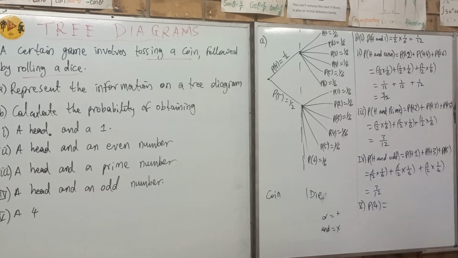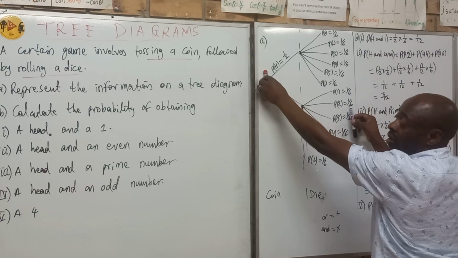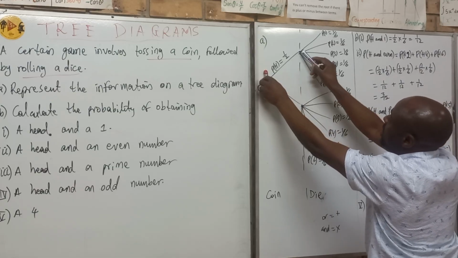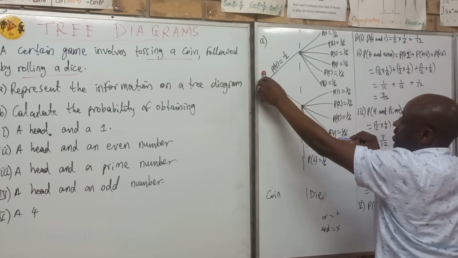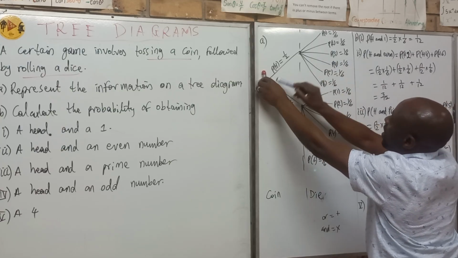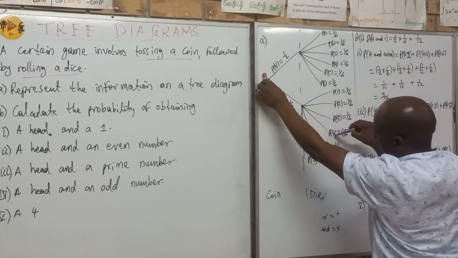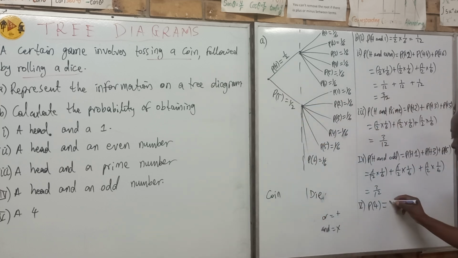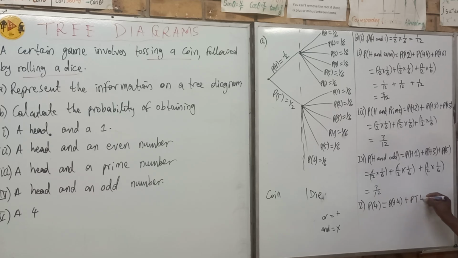If you know how you read probabilities on your tree diagram, you always start from the beginning to the end. So to get a 4, it's either you get a head and a 4, or you get a tail and a 4. A head first and a 4, or a tail and a 4. That is how I get it.